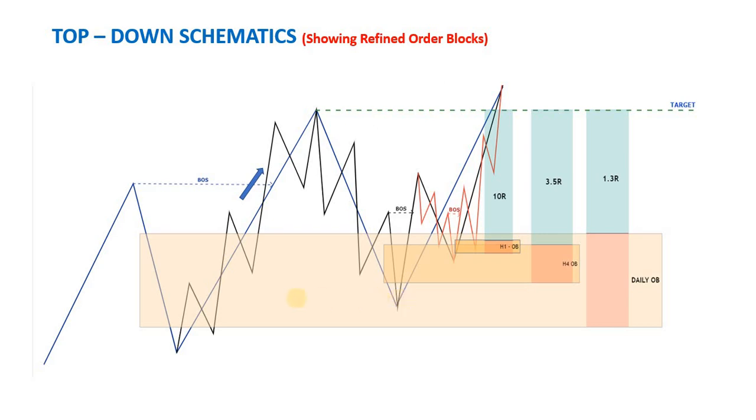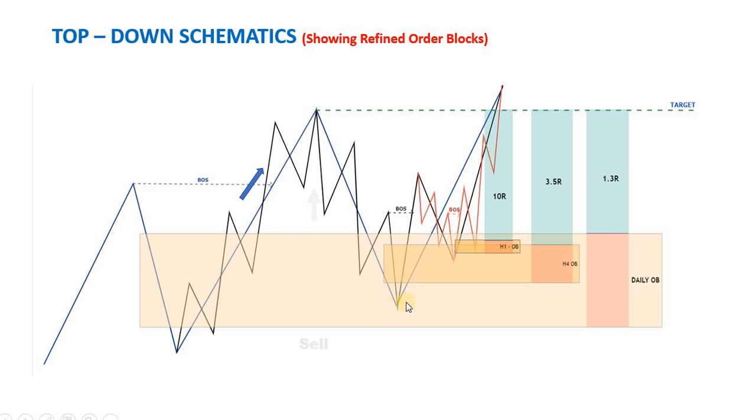Having that in mind, we can now scale down to the 4-hour time frame and then look for either a distribution schematic or a break of structure that will give us the opportunity to take a quick sell down to the discount level of the daily range.